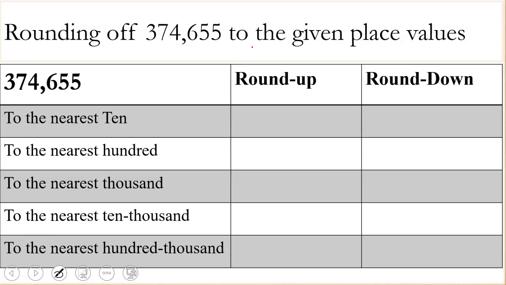So we are going to have 374,660 because when we run it to the nearest 10, tens we said 10, 20, 30, 40, 50, 60. So this is 55. And to the nearest 10 up will be 60. So that's why we have 60 here. So the nearest 10 down will be 50. So we get it.